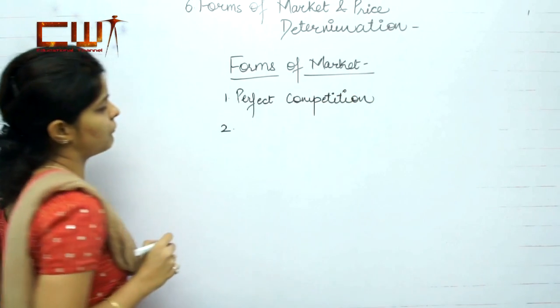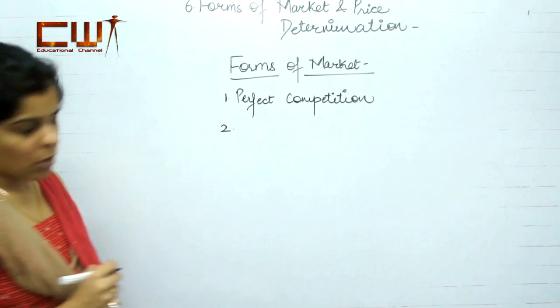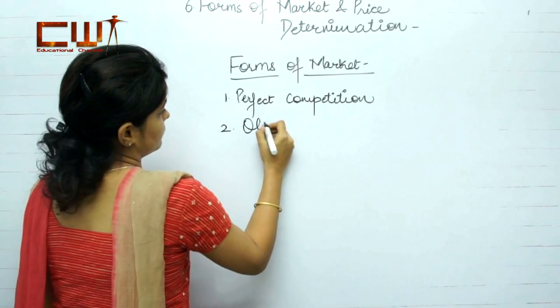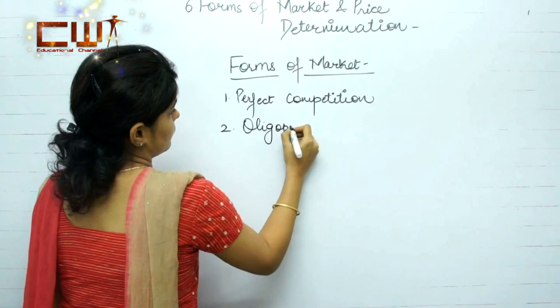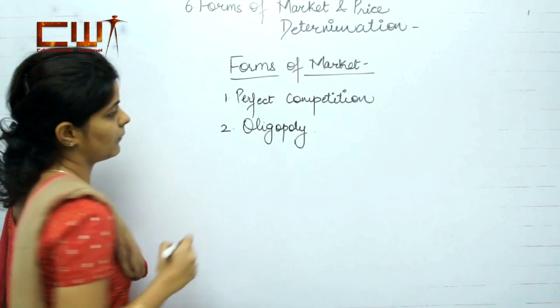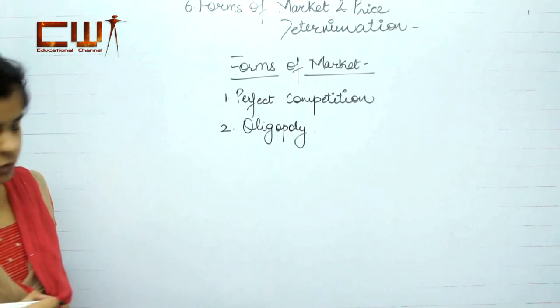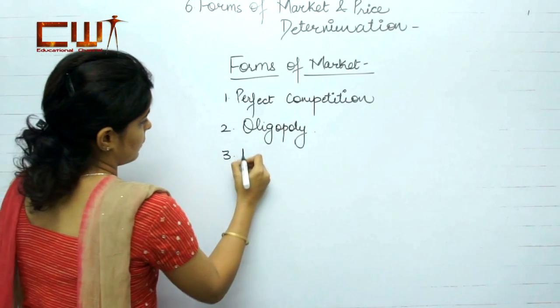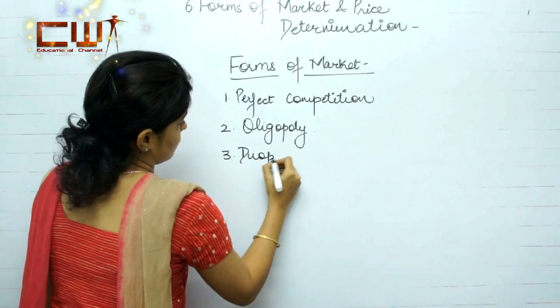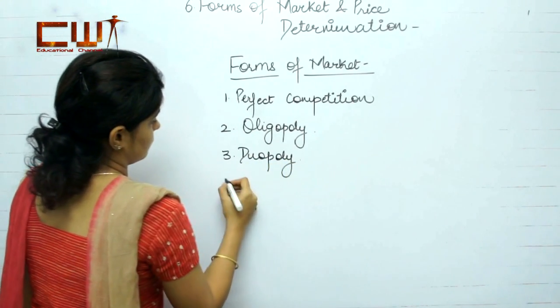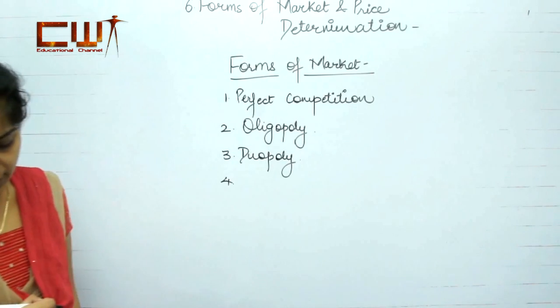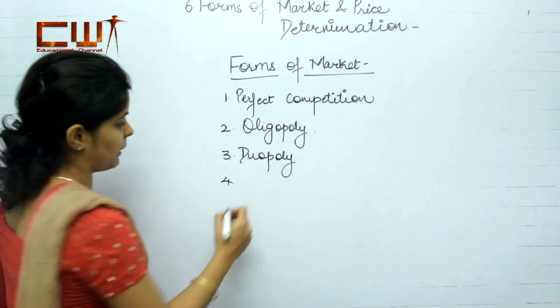Then second is oligopoly. Next is duopoly. Then you have monopolistic competition.